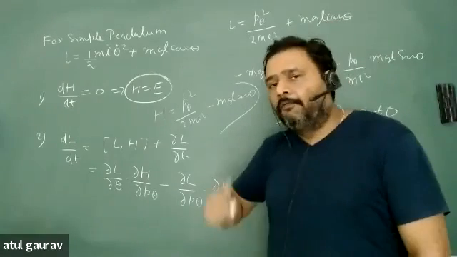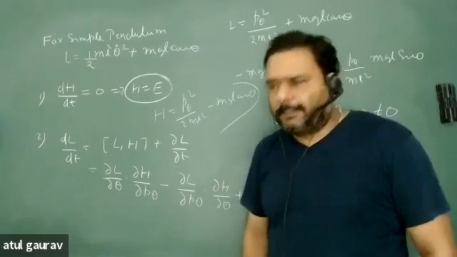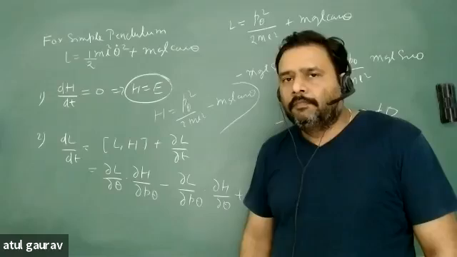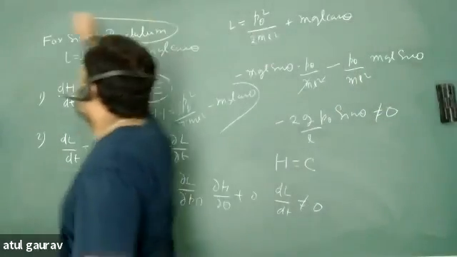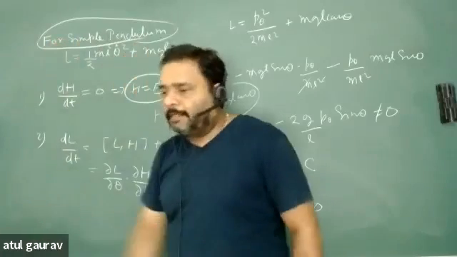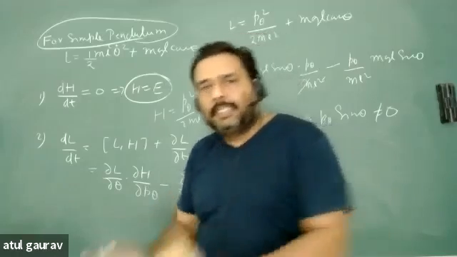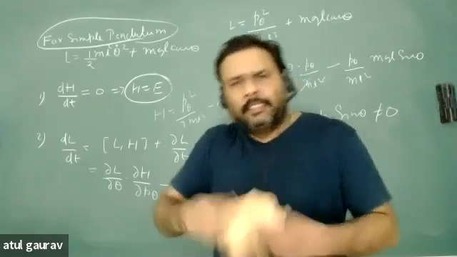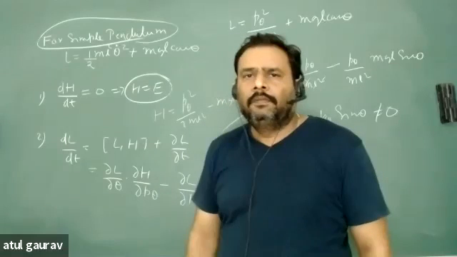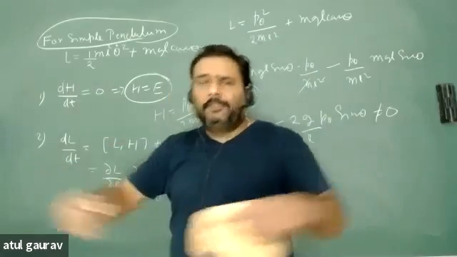This is one of the biggest things. Even if both are not explicit functions of time, you can see for the simple pendulum, I don't care what the mathematical form of the Hamiltonian and Lagrangian is, the Hamiltonian is conserved but the Lagrangian is not conserved. And the Hamiltonian and Lagrangian are related to each other.